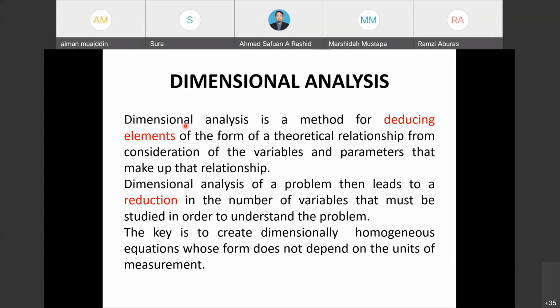So dimensional analysis is a method for deducing elements of the form of a theoretical relationship from considering the variables and parameters that make up that relationship. To identify how many parameters are required as deducing elements, we need to understand the theoretical background of the problems.